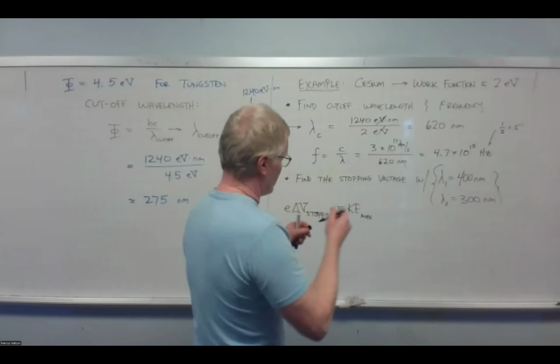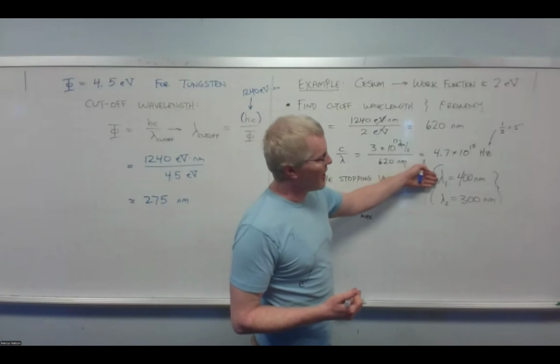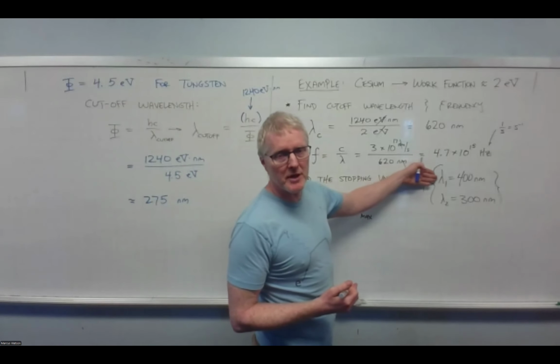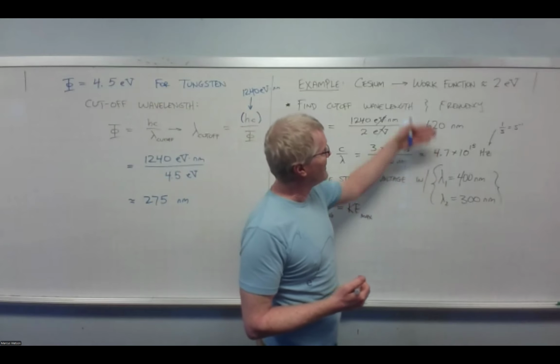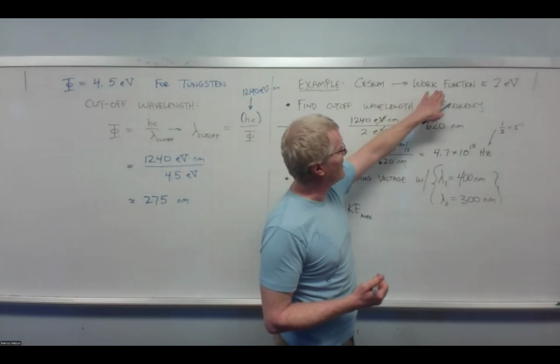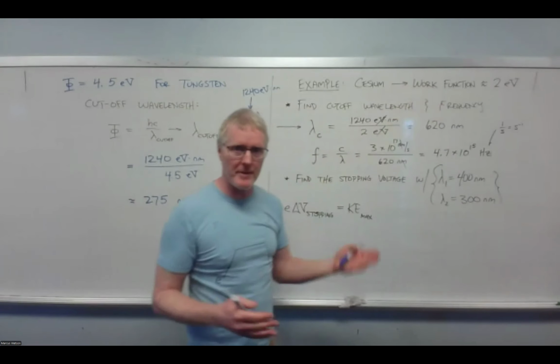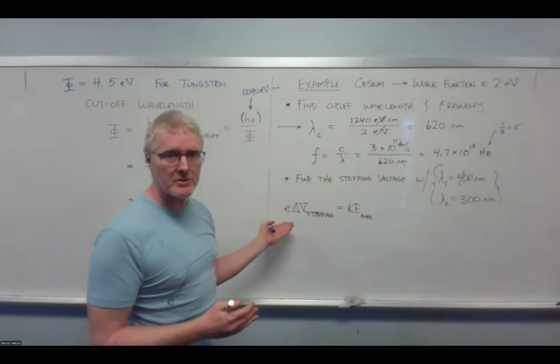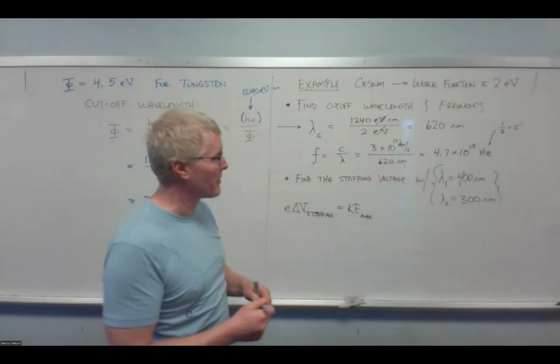So what we can do here, since we know the work function, is to assess how much energy a photon of 400 nanometers carries. And if I take off what is necessary in order to liberate the electrons, the leftover will be my KE max, and then I'll be able to just go straight to my stopping voltage, and there should be no problems.